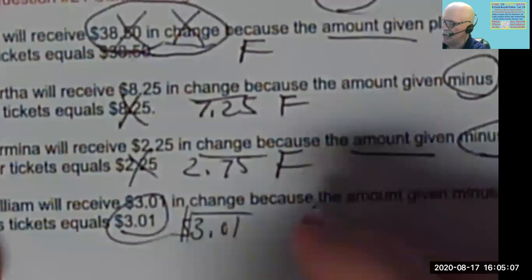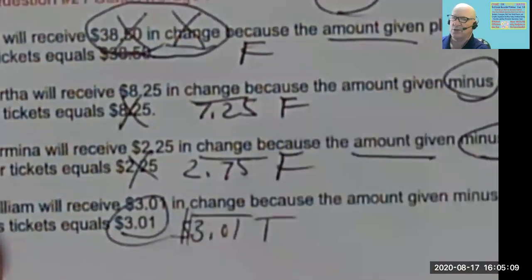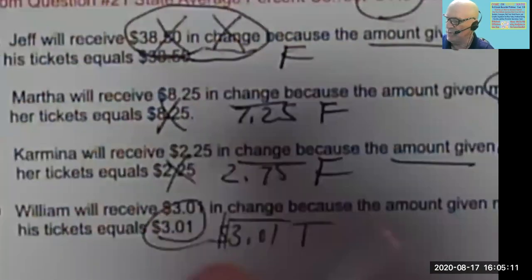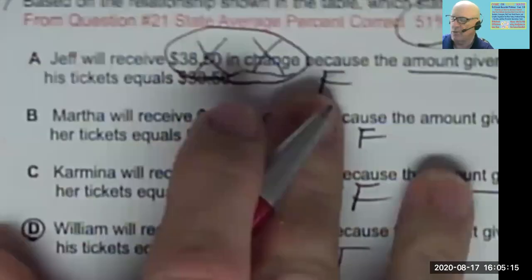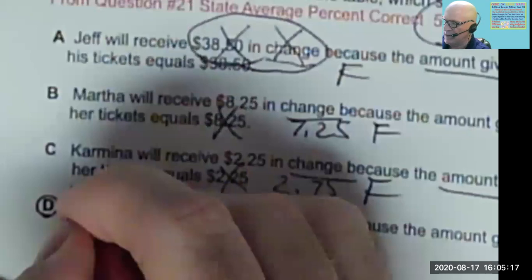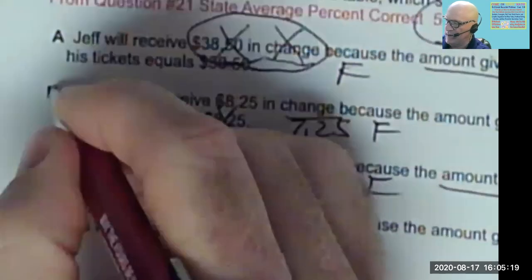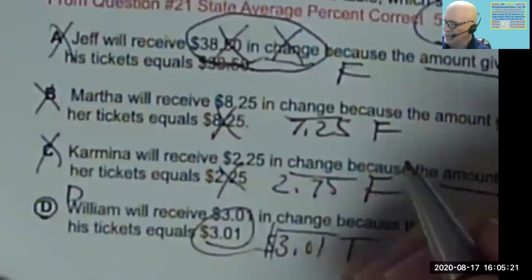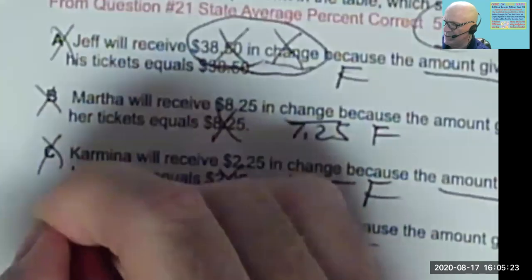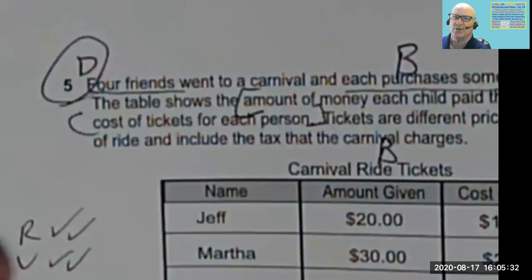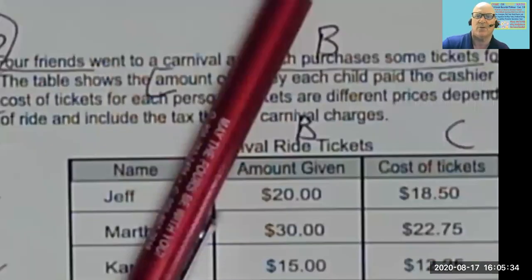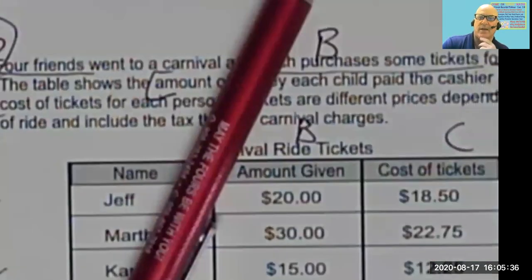That makes it true. And so even though that took a lot of work, D is the one we're going to circle and put a D next to. We're going to eliminate A, B, and C. Bubble it in to practice our bubbling. Place a D right next to number 5 so that our D in the book can match our D in the Scantron. So there you have it, students and teachers.